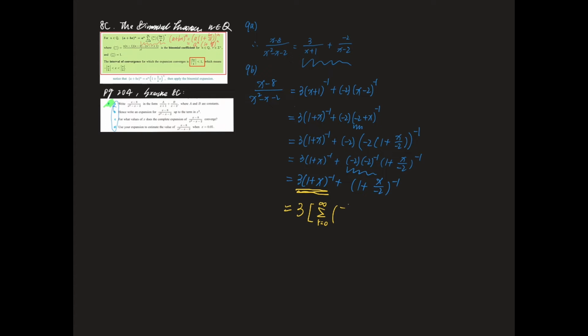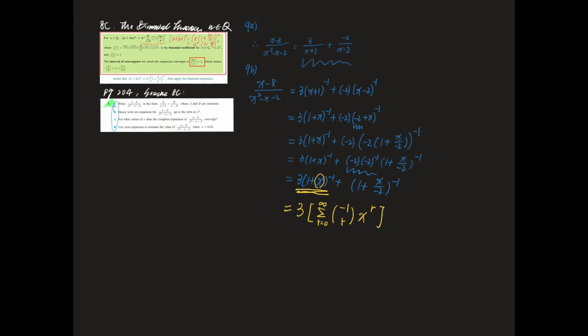So n in this case is -1, and then r is just r. And what is bx over a? Bx over a in this case is just the x here. So then we just put x to the power of r. Okay, so this is the first section if I'm using the formula.